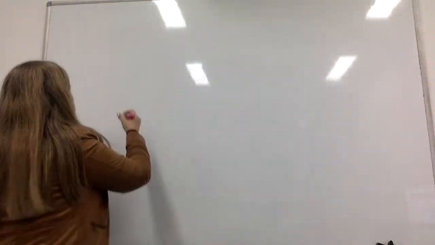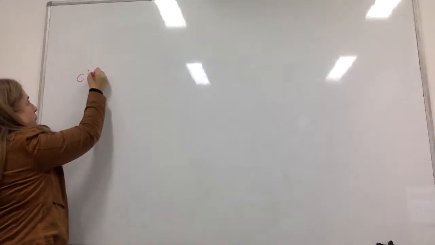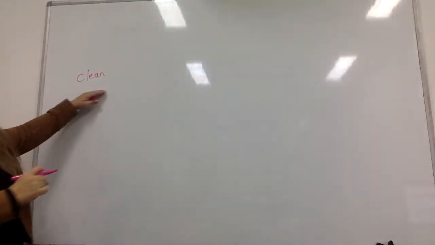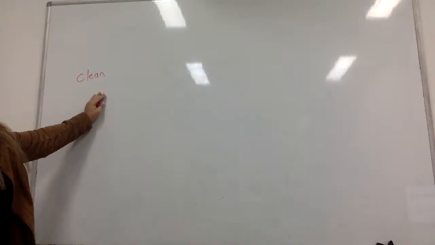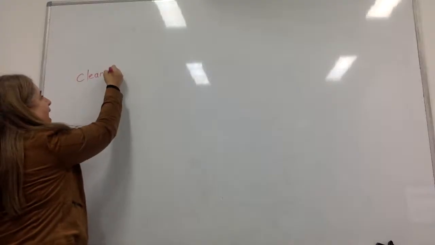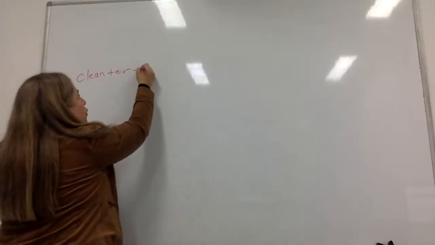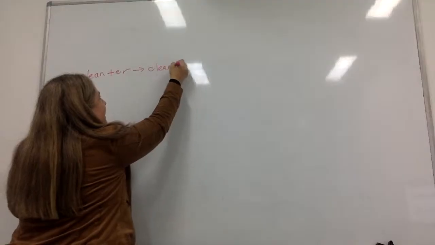For example, let's say we have clean. Yes? So this is a short word, it's 1 syllable, yes? Clean. What am I going to do? I'm going to add ER. And now the word is going to be cleaner.